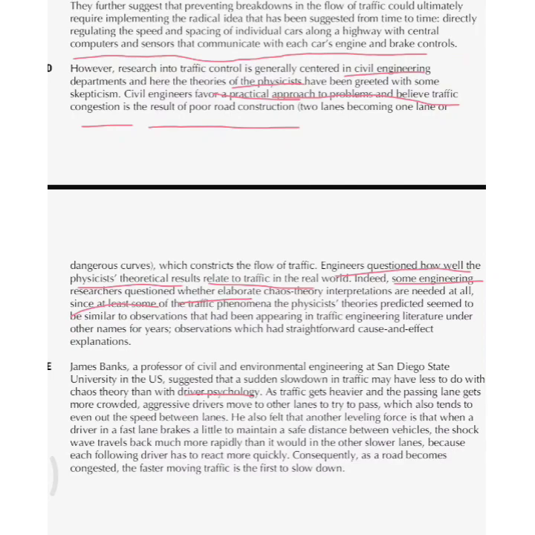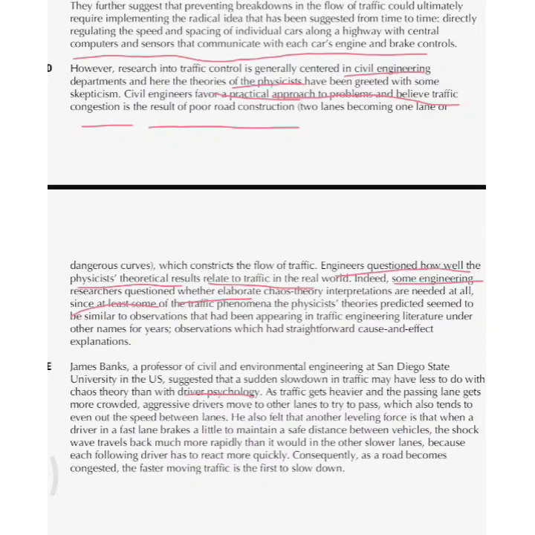He also felt that another leveling force is that when a driver in the fast lane brakes a little to maintain a safer distance, this wave of shock travels back much more rapidly than it would in other slower lanes.